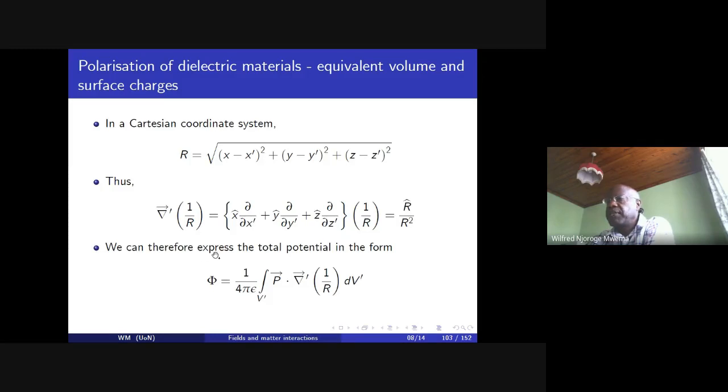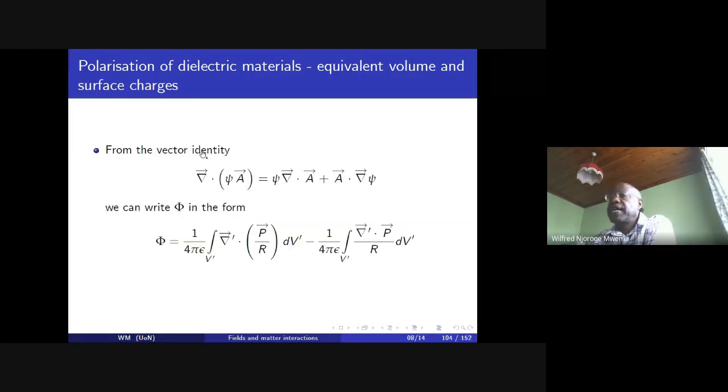And we can therefore express the potential in the form 1 over 4 pi epsilon integral over the volume of the material, that is the dielectric, of P dot the gradient of 1 over R, dV prime.